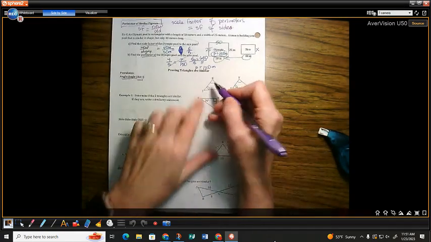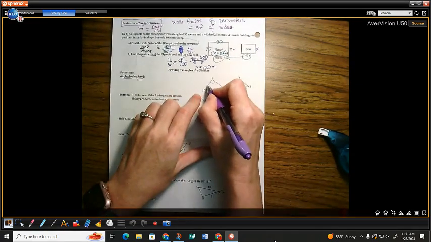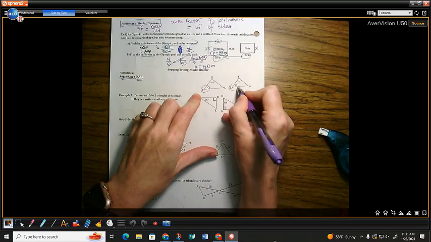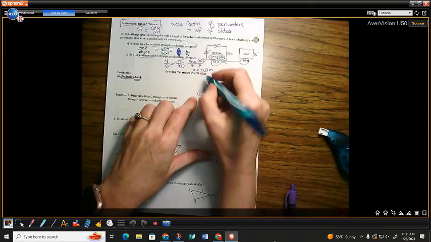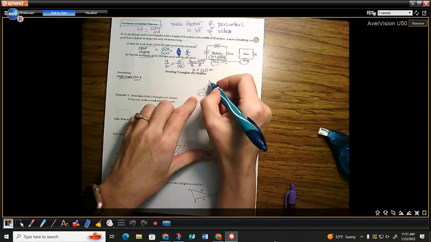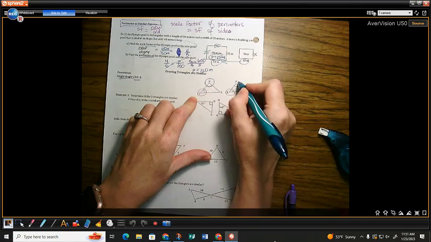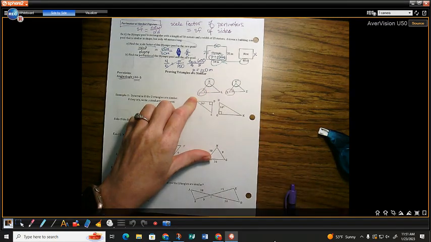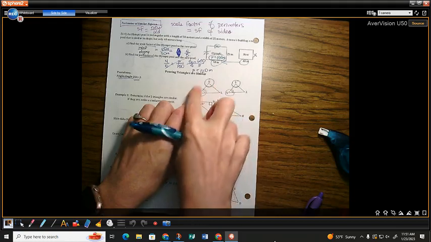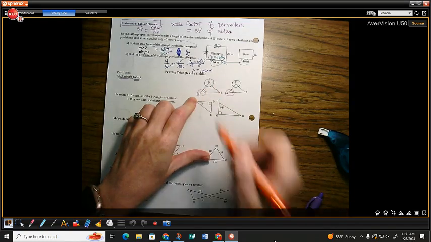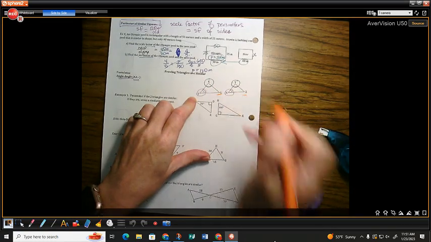If I have J congruent to X, K congruent to Y, do I know enough to figure out that L is congruent to Z?